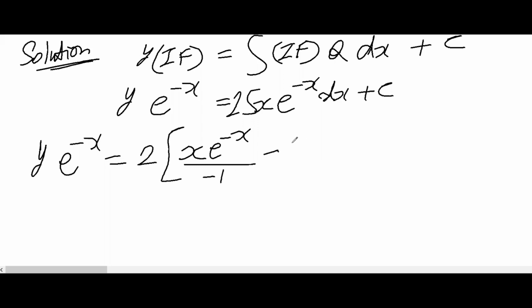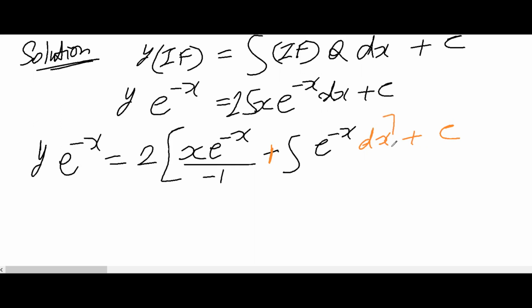Then minus, again integration: the derivative of x is 1, I am not writing it. Integration of e to the power of minus x is e to the power of minus x divided by minus 1. Okay, so minus into minus will become plus, so let me change it here. Then it will be dx. This plus c will be here as it is.